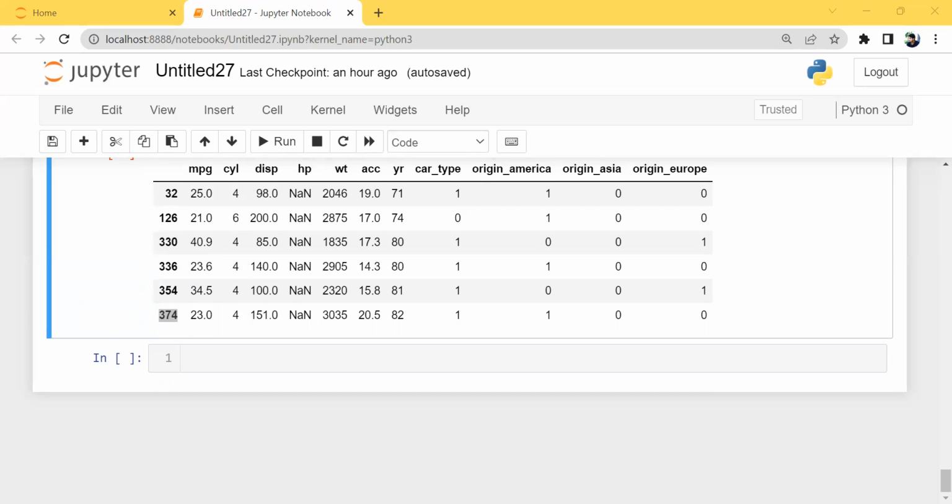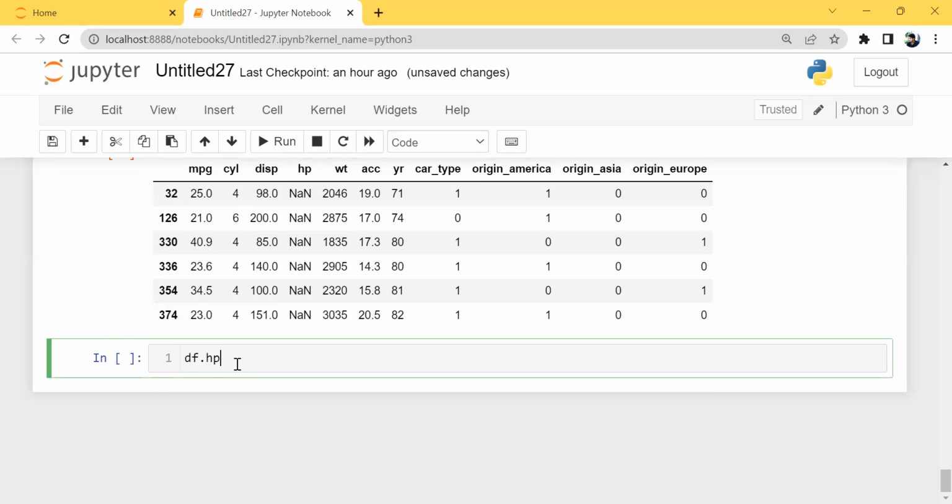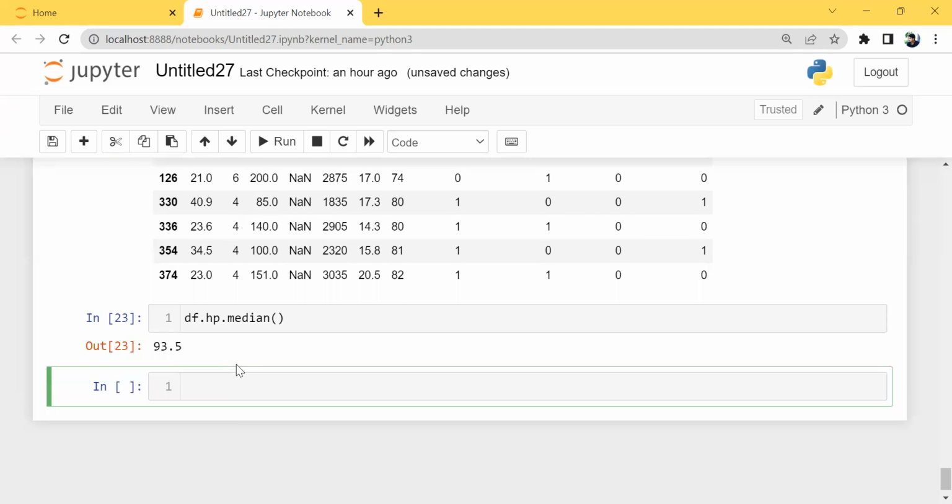But it is not a good approach to keep those null values as they are. We need to fill those null values with some kind of metric here. So what kind of metric is really helpful? You need to think of df.hp.